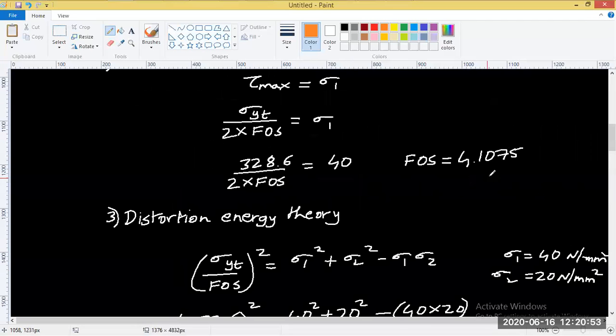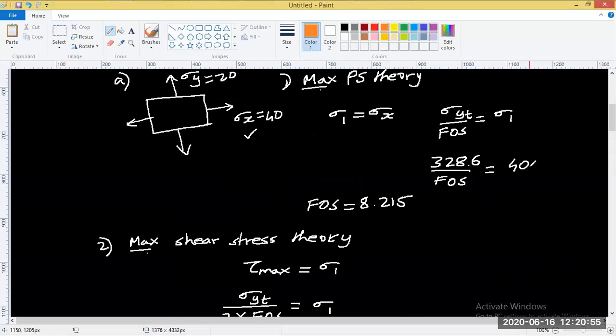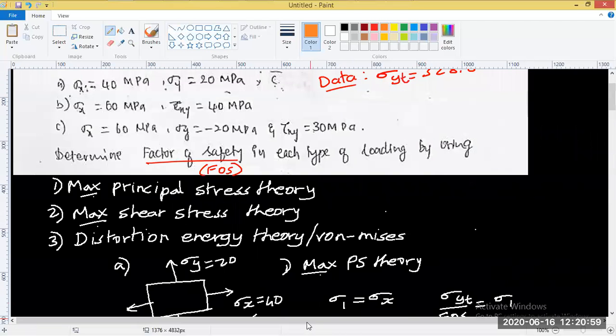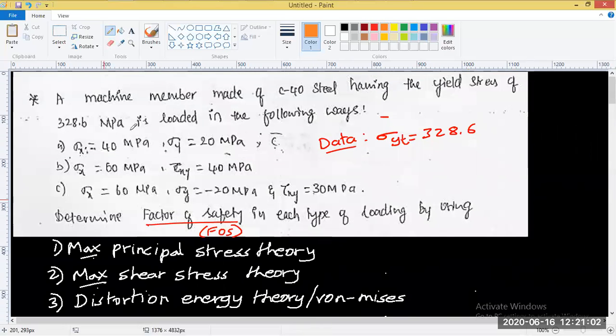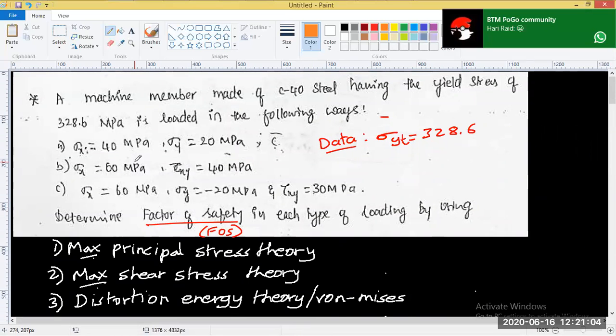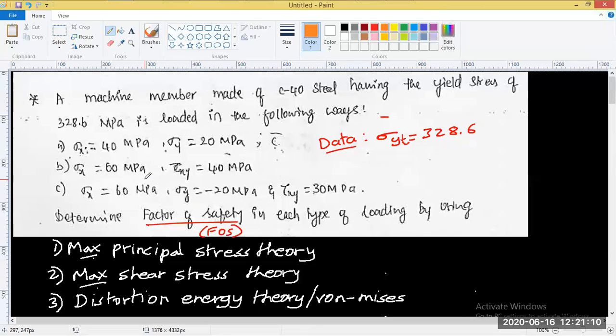So in this same fashion, we'll be required to do it for all the three cases here. Suppose the second one, that is including sigma x and sigma y. In this case, since there are shear components, we'll need to first find the maximum and minimum stresses using the principal stresses equation.